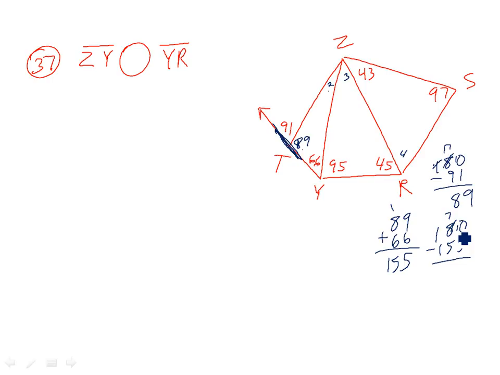Wade, what's 10 minus 5? 7 minus 5. 1 minus 1. So what's the measure of angle 2 right here? Anybody? 25. Everybody read that? 25. Give me another angle.